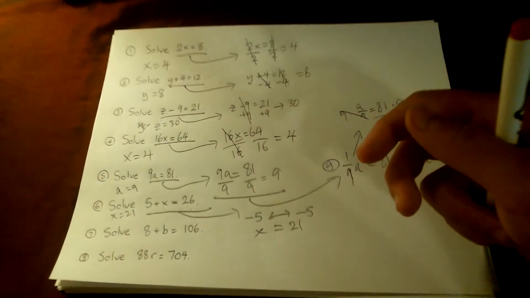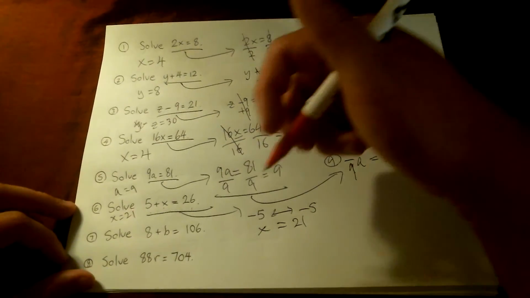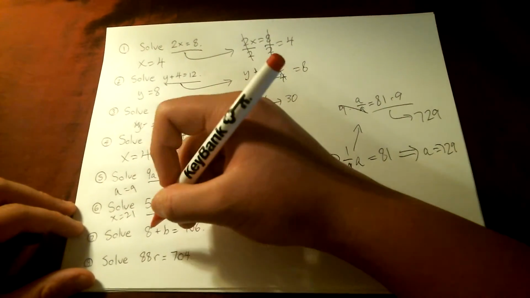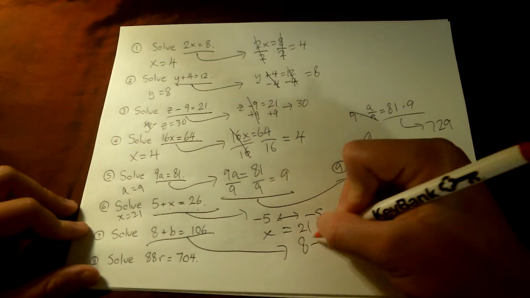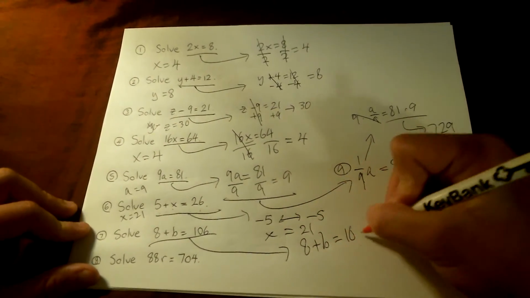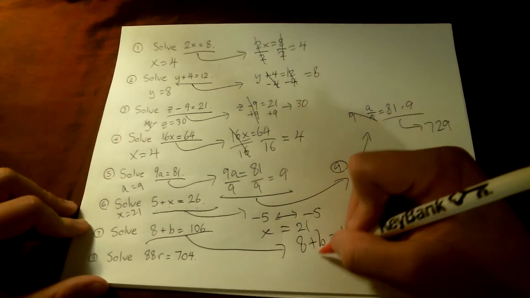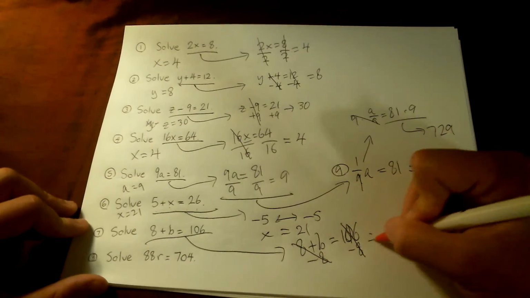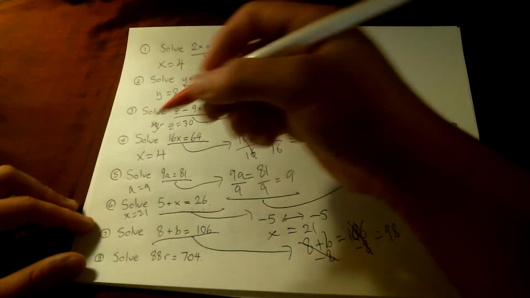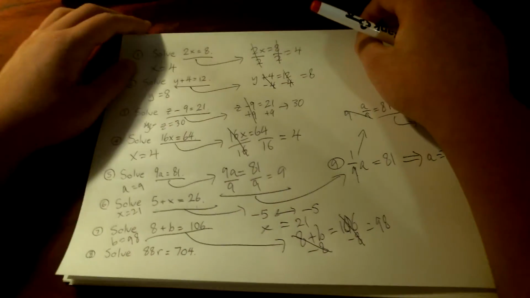So let's solve the seventh one. This one asks for 8 plus b equals 106. Okay, this one we minus 8 to both sides. So this would equal 98. So b would equal 98. Here, let's try this very last one.